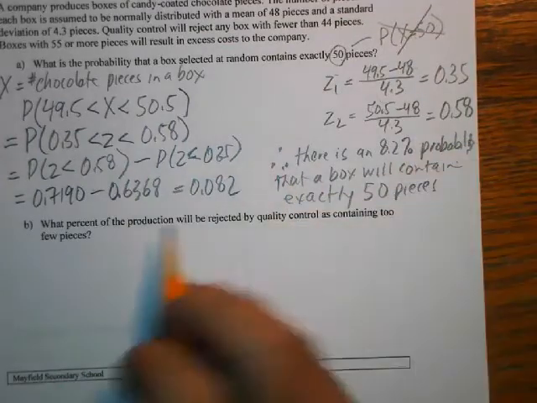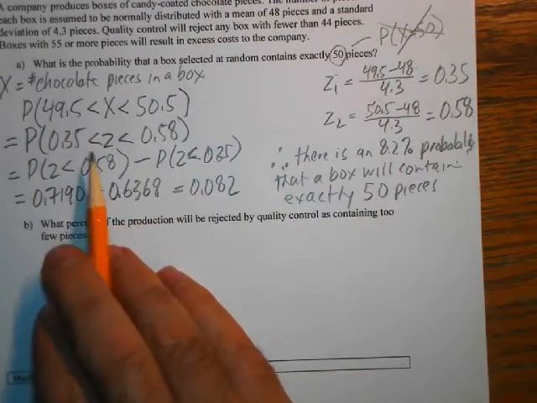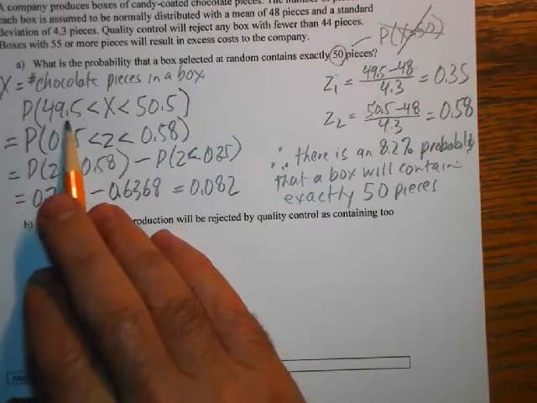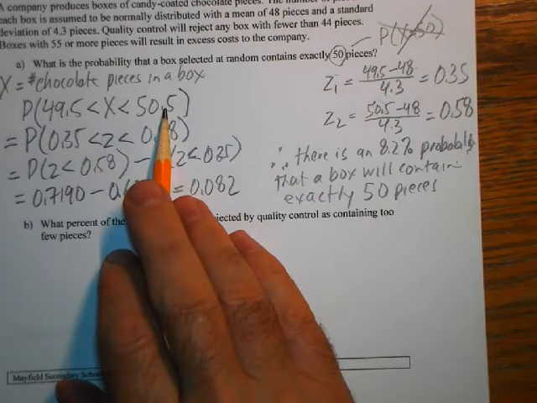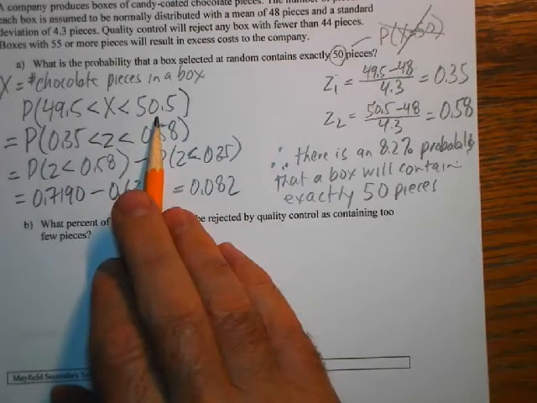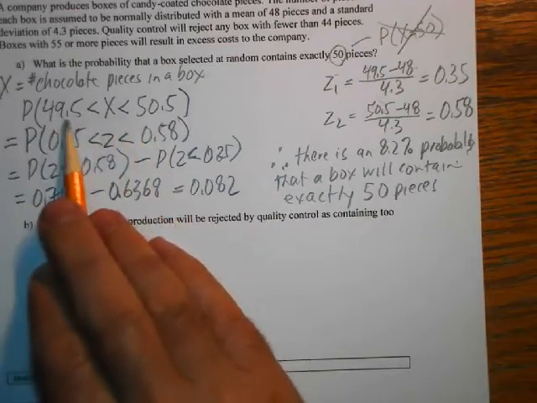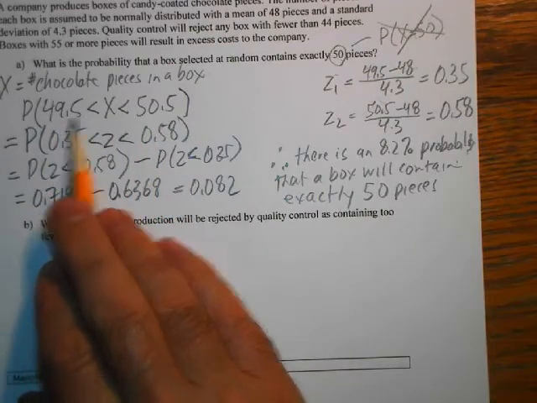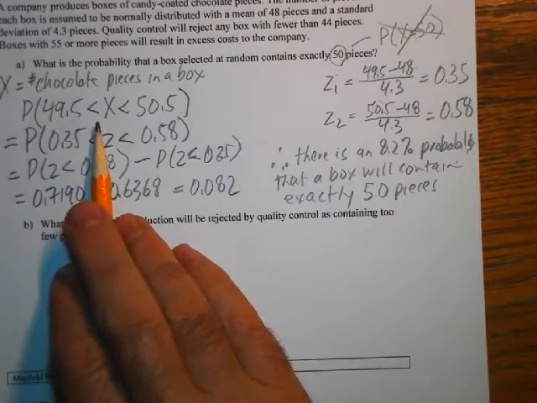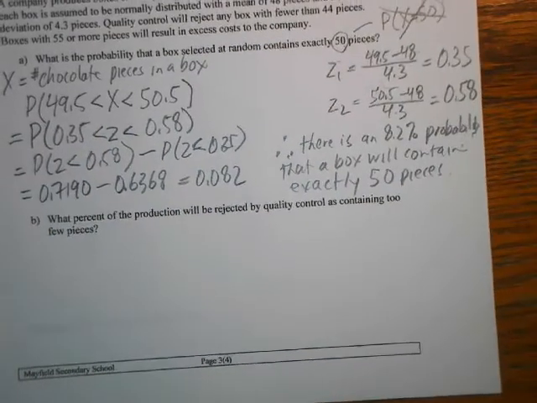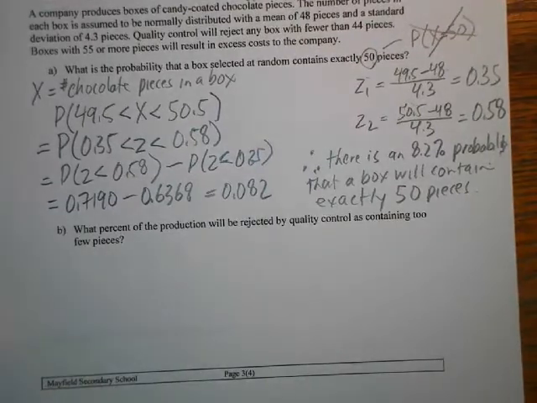Now, if you look back at this, you'd say, no, isn't it calculating the probability contains between 49.5 and 50.5 pieces? Well, yes, that's the way we did it, but this is our continuity correction. We basically go plus or minus 0.5 of that individual discrete value that we're looking for. Okay, so that's our first real continuity correction question.